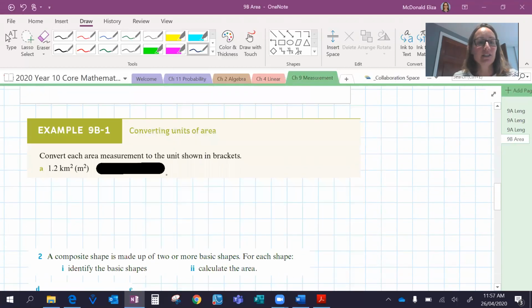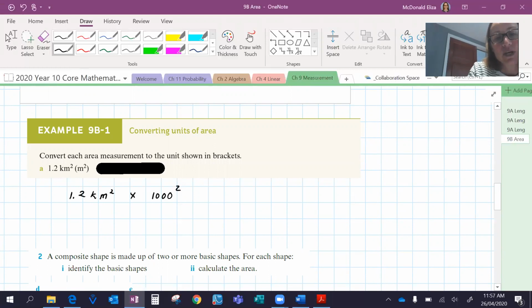So let's get started. This is example 9B1 from your textbook. If you want to convert 1.2 kilometres squared into metres squared, we use our conversion table above, and it shows us that 1.2 kilometres squared needs to be multiplied by 1,000 squared in order to get that to be equal to metres squared.